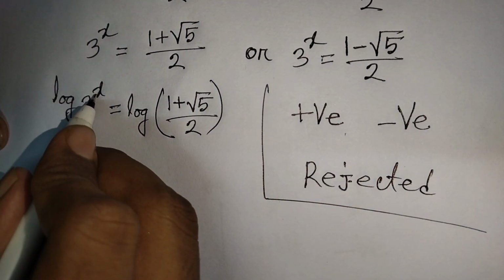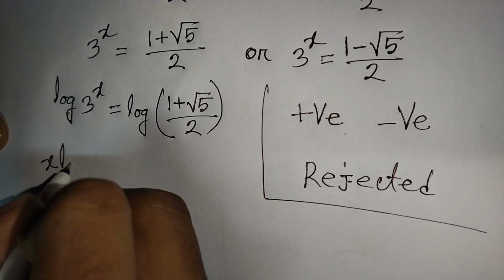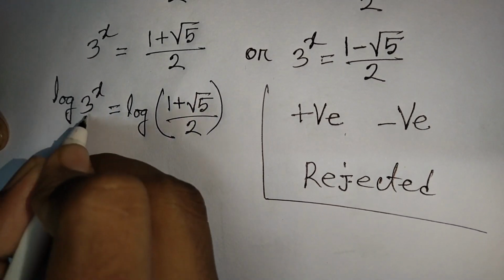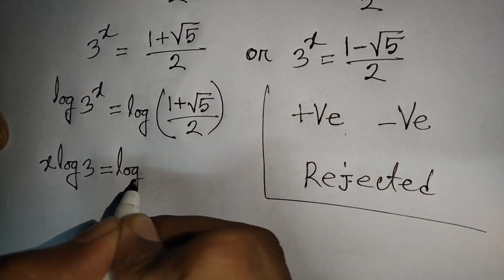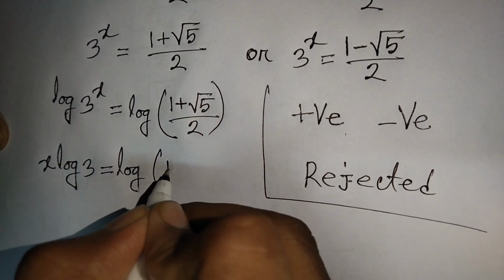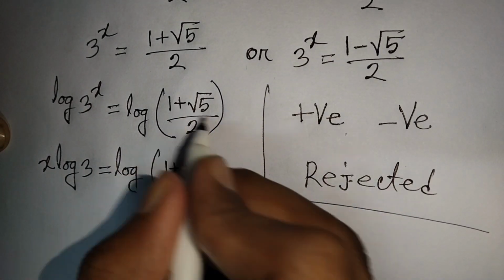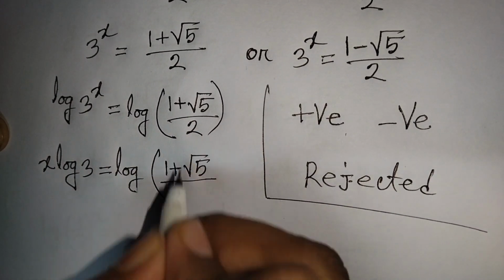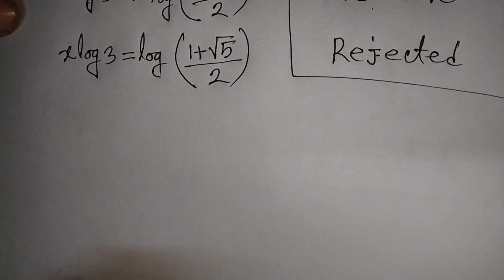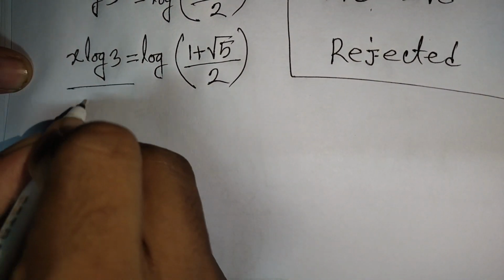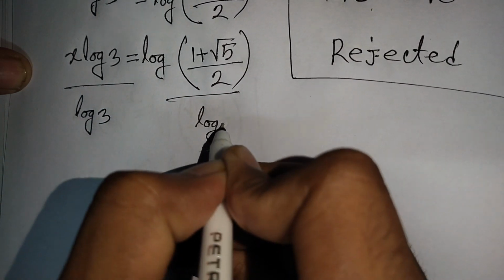Now this power x will move to the front, so you can write here x log 3 is equal to log of (1 plus the square root of 5) divided by 2. Now we need the value of x, so we divide by log 3 on both sides.